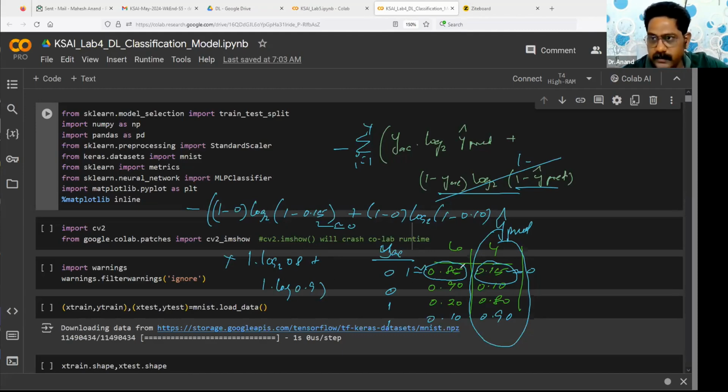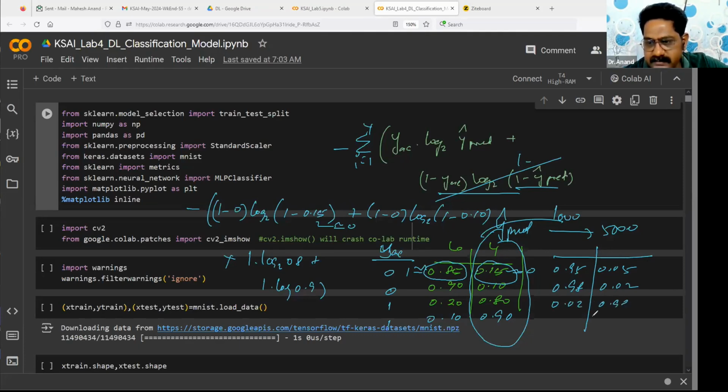So for a better trained model, assume this is somewhere at 1,000 iterations, and you increase this to 5,000 iterations. So your model has trained like this: 0.95, 0.05, and this is 0.98, 0.02, and this is like 0.02, 0.98.